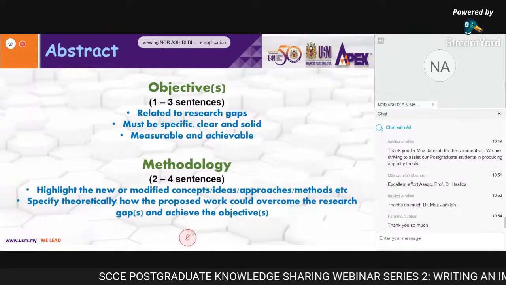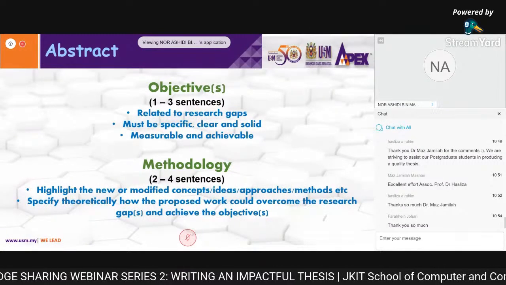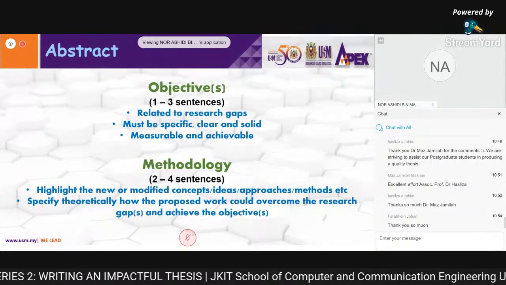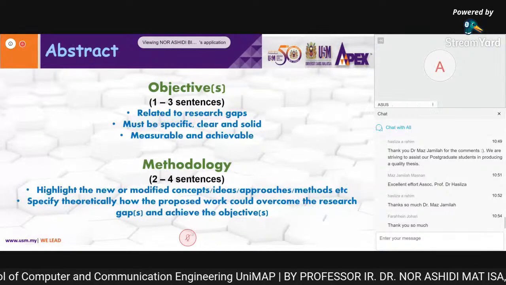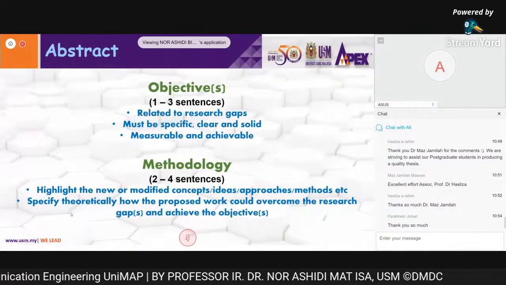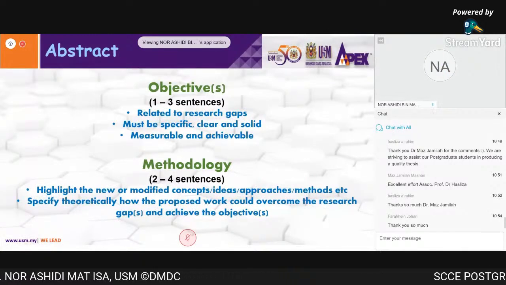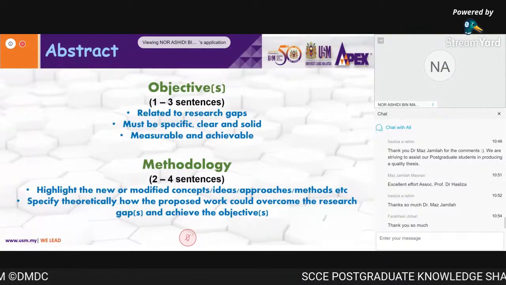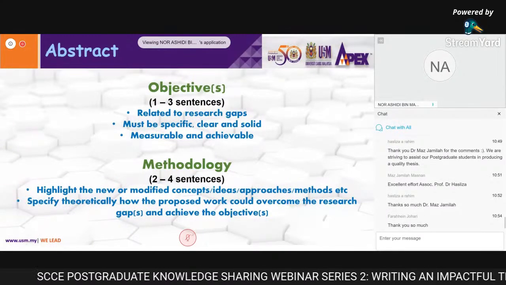Then when it automatically detects the level of the contrast, it will propose specific techniques in order to overcome the problem. So that's the idea that you want to introduce. Theoretically, the fuzzy can help to differentiate between one quality of camera and another. So that's how to highlight the new ones.